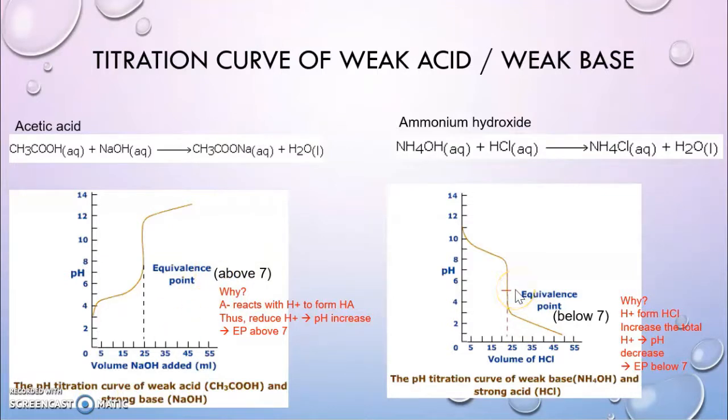And the last type of titration, which is between a weak base and a strong acid, the equivalence point will always be below pH 7. This is the rule of thumb that you should remember.